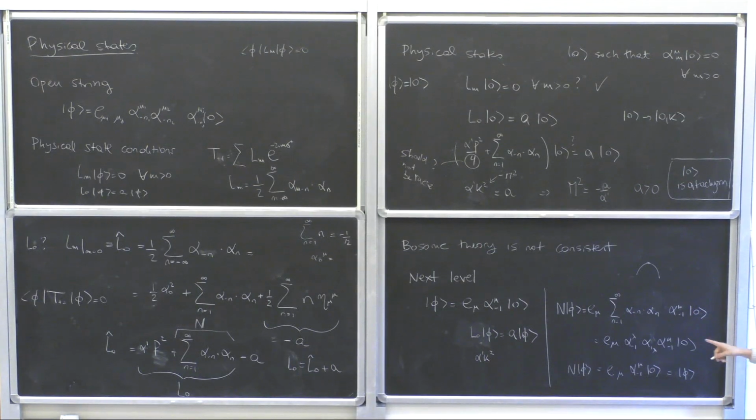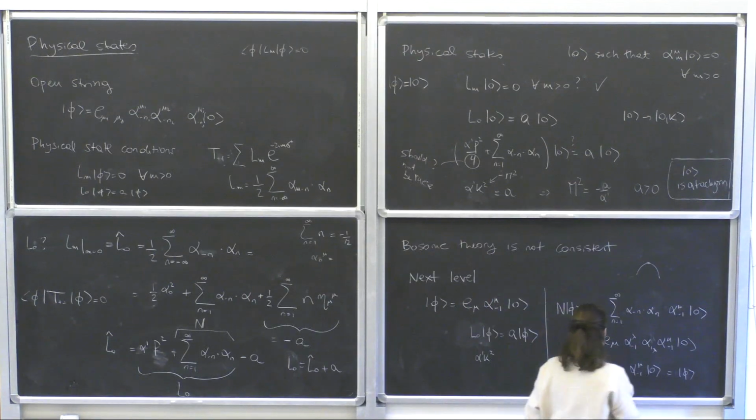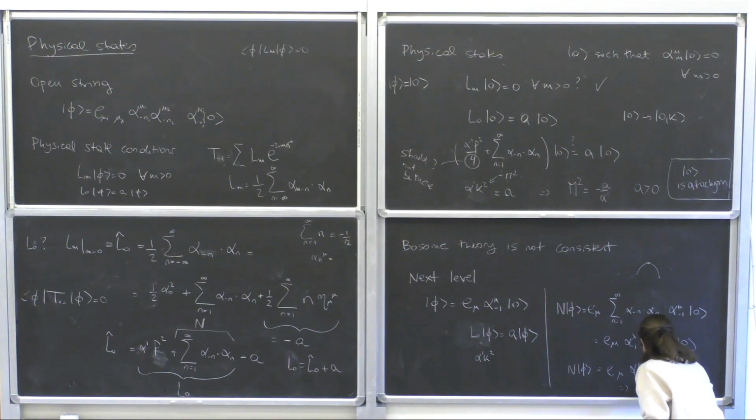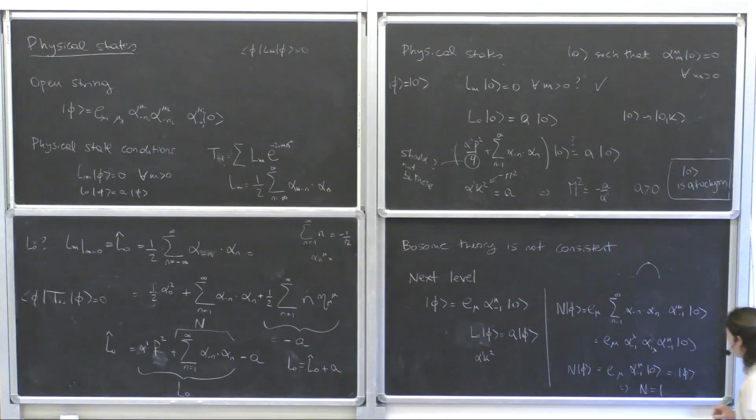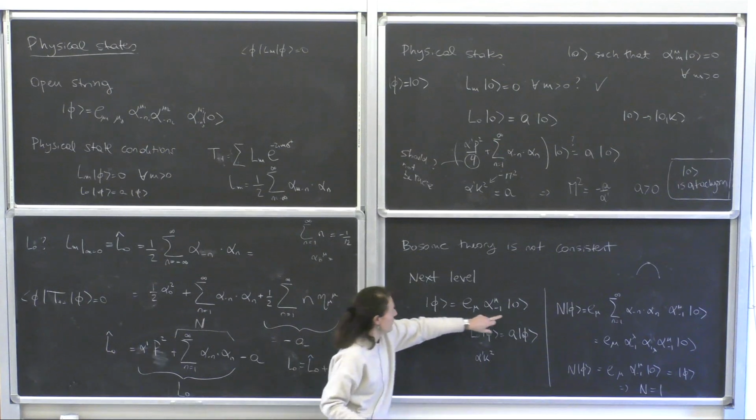So this state has n equals 1. I'm being sloppy between here, the operator, and here, the eigenvalue. But it's easy to see, again, that this operator counts the numbers that you have here.